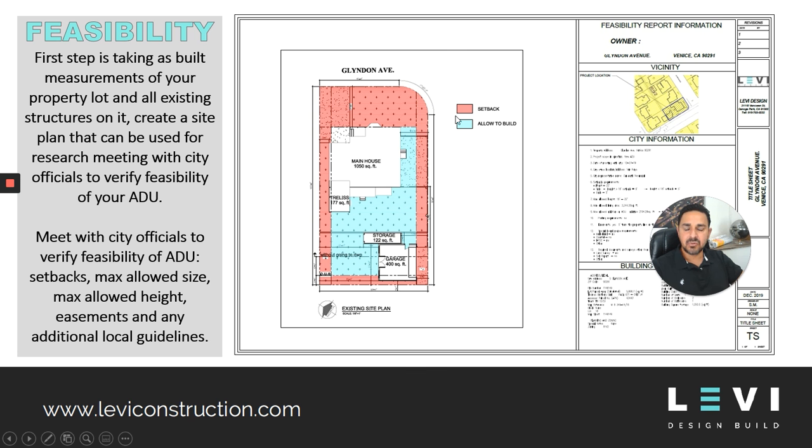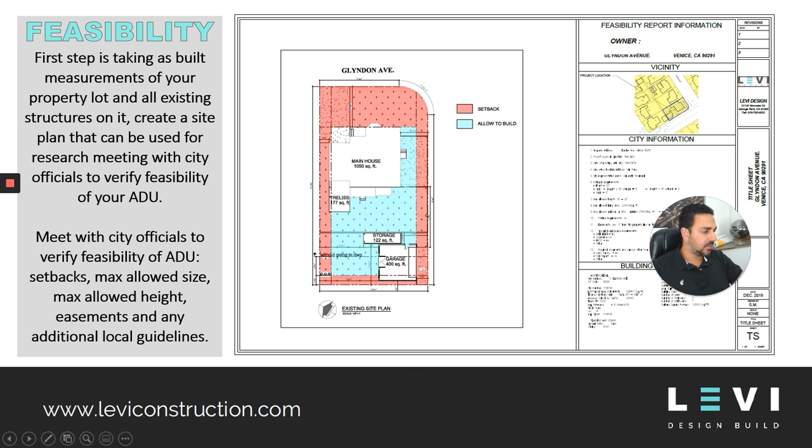Once you have that information and you got all the measurements, as you can see, what we're doing is we're marking it in red are the areas that you cannot build and are setbacks, and blue are the areas that you can build on. However, even this blue has some restrictions that's going to follow whatever the information was that we were able to gather from the city.